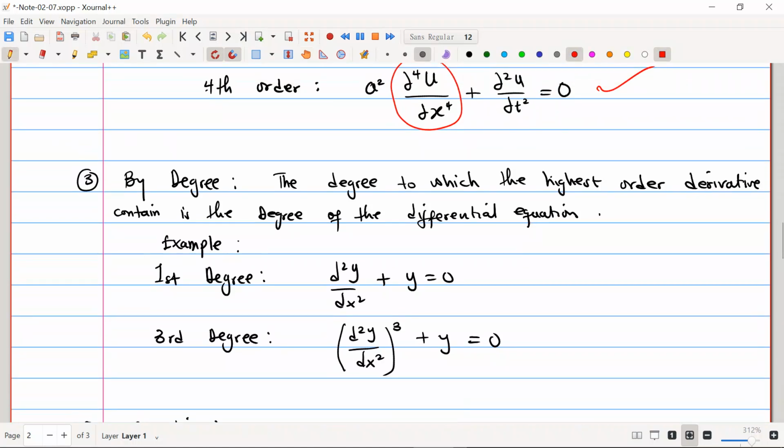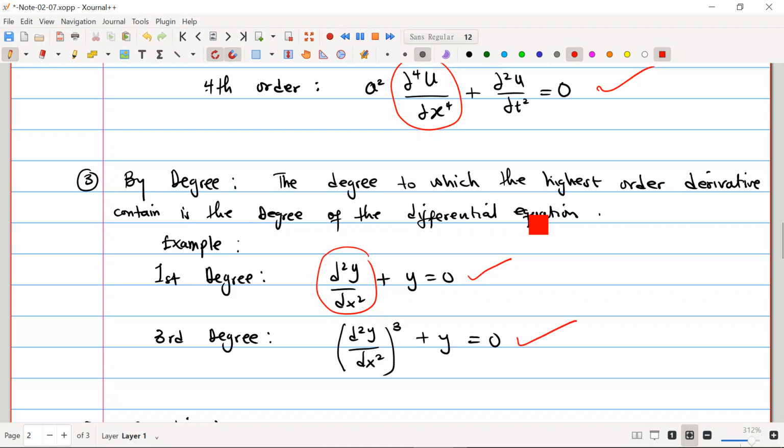By degree we mean the power of the highest order term, right? So this is a first degree ordinary differential equation, and this is because the power of the highest order here is 2. So this is a second order derivative, but the power of the highest order here is just 1. Sorry, this is a second order derivative of degree 1.